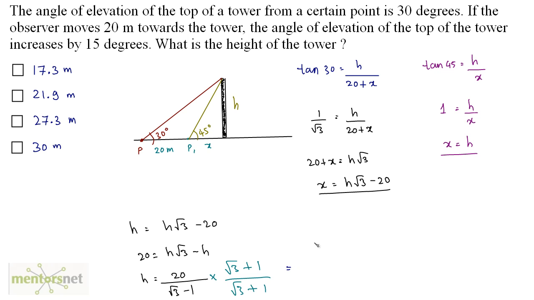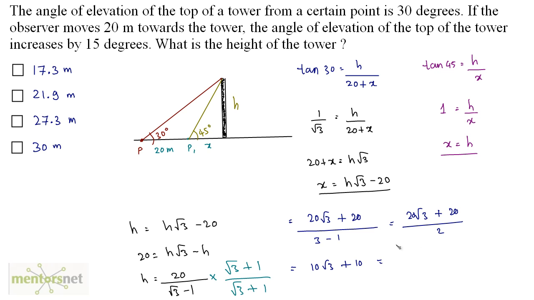So this is equal to 20 root 3 plus 20 upon a plus b into a minus b, that's a square minus b square. So root 3 square is 3, minus 1 square is 1. So this is equal to 20 root 3 plus 20 divided by 2, and if I divide this by 2, I get 10 root 3 plus 10.